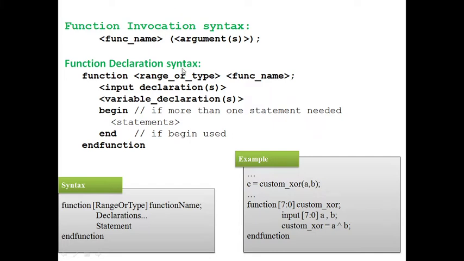This is the function declaration syntax: function name, and there will be some input declarations. There won't be any output or in-out declarations, and if variables are present, they can also be declared here, then begin and end function.